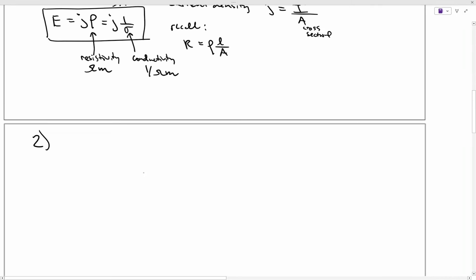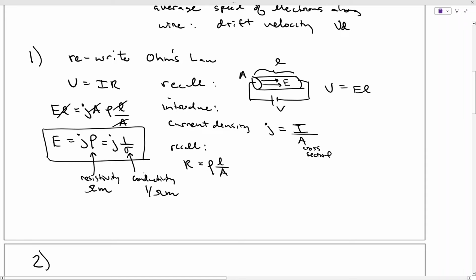Next, let's look at the drift velocity in a little bit more detail. This connection between E and rho and J doesn't really tell you what's happening at a microscopic level.